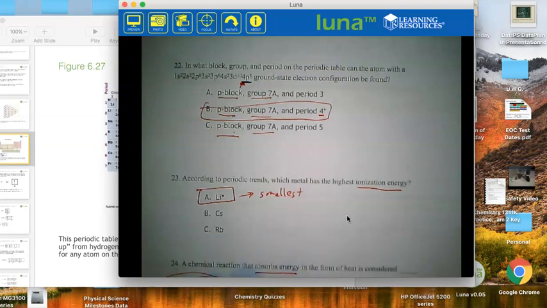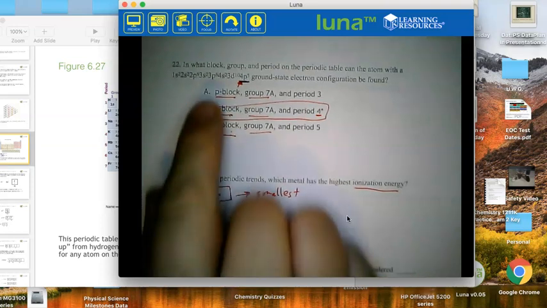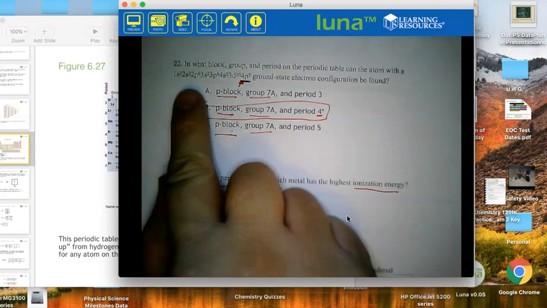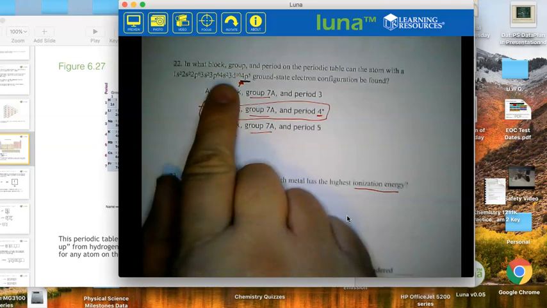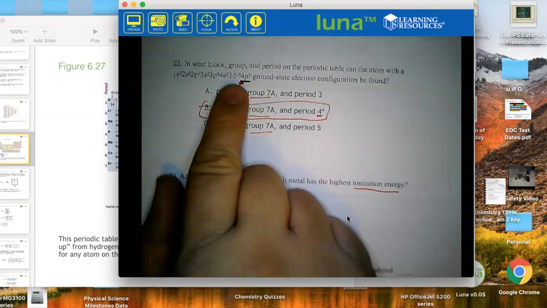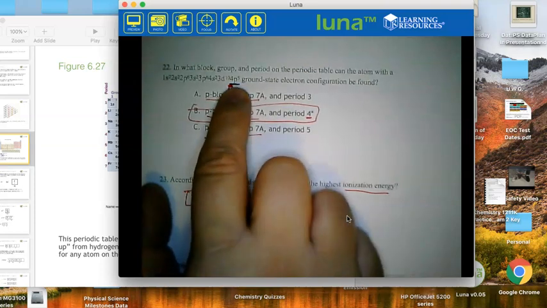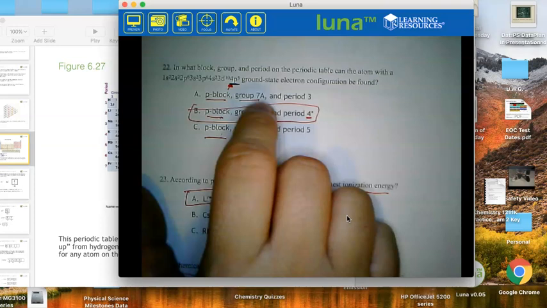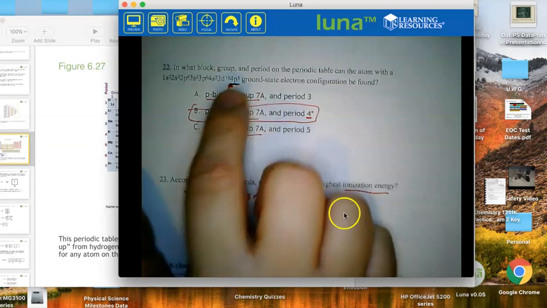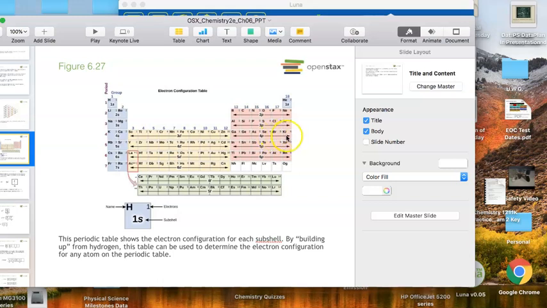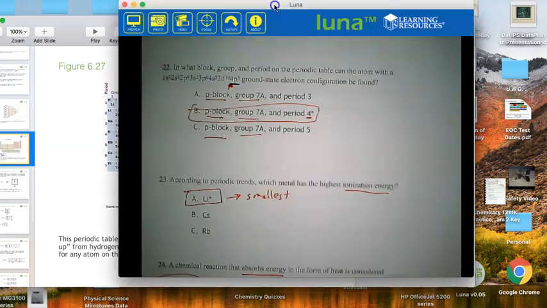Number 22, in what block, group, and period on the periodic table can the atom with electron configuration of 1s2, 2s2, 2p6, 3s2, 3p6, 4s2, 3d10, 4p5, ground state electron configuration be found? Here the last term has P, so it's in the P block. 4p5 is bromine, and so that's in group 7A, or 17.